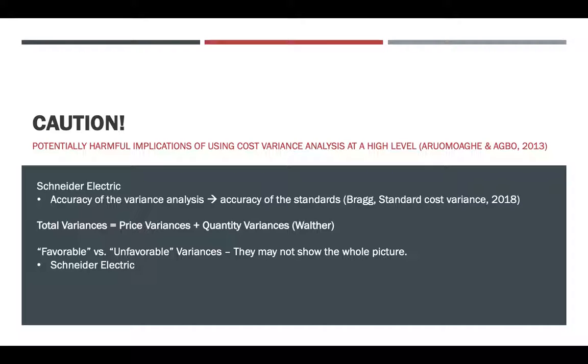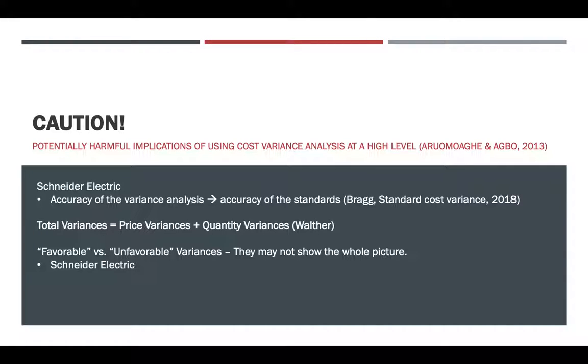Another area of drawback within the topic of standard costing and variance analysis is the observation of what favorable and unfavorable variances are portraying, because they do not always show the whole picture of the issue at hand.